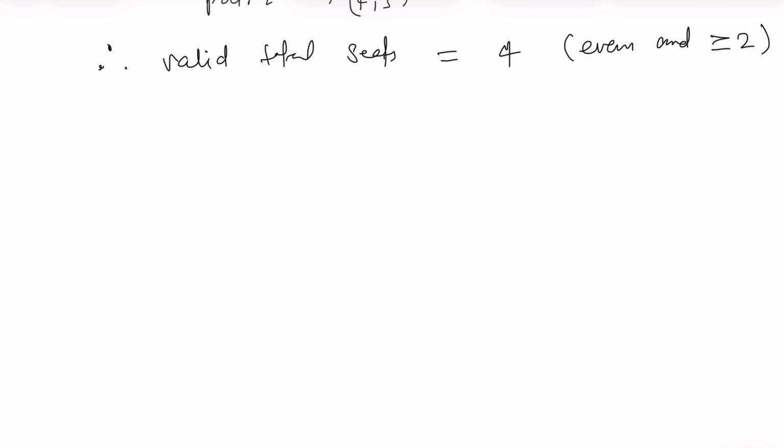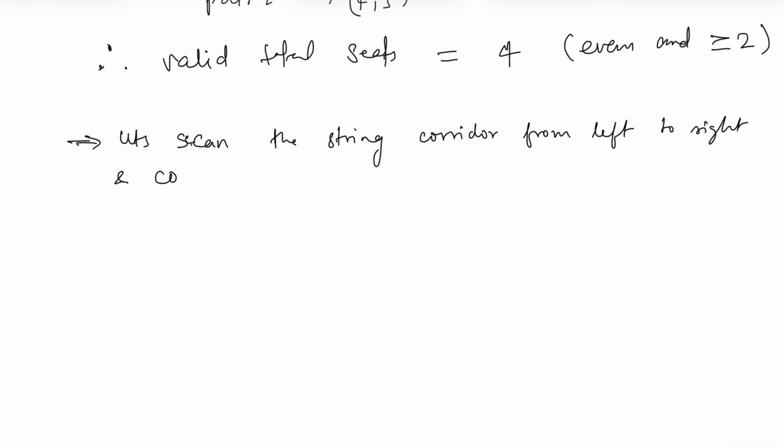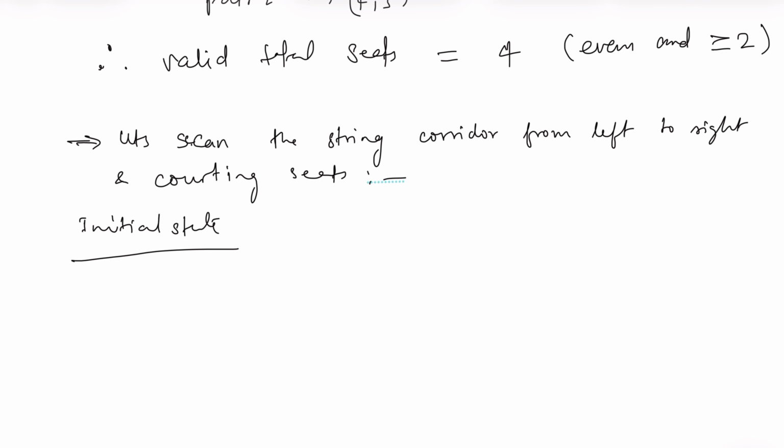Let's scan the string corridor from left to right and keep counting the seats. In the initial state, what will happen?